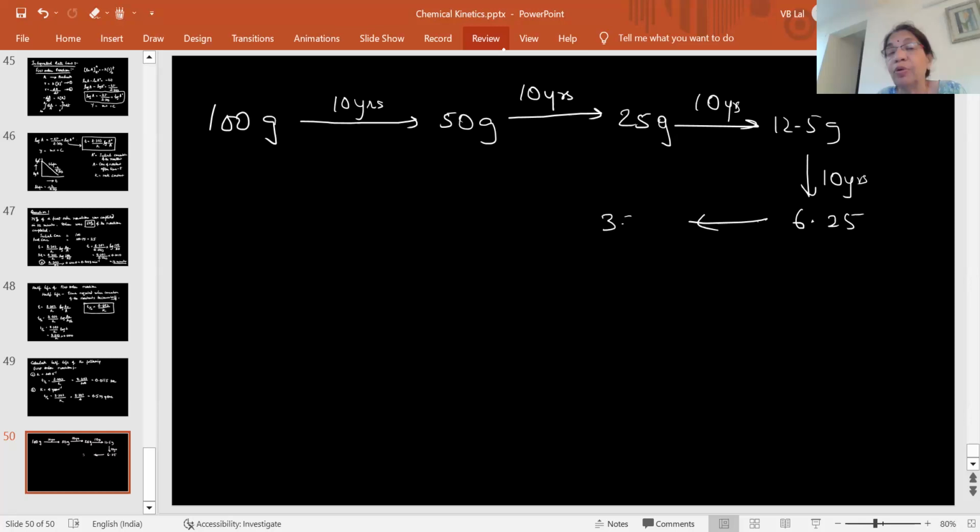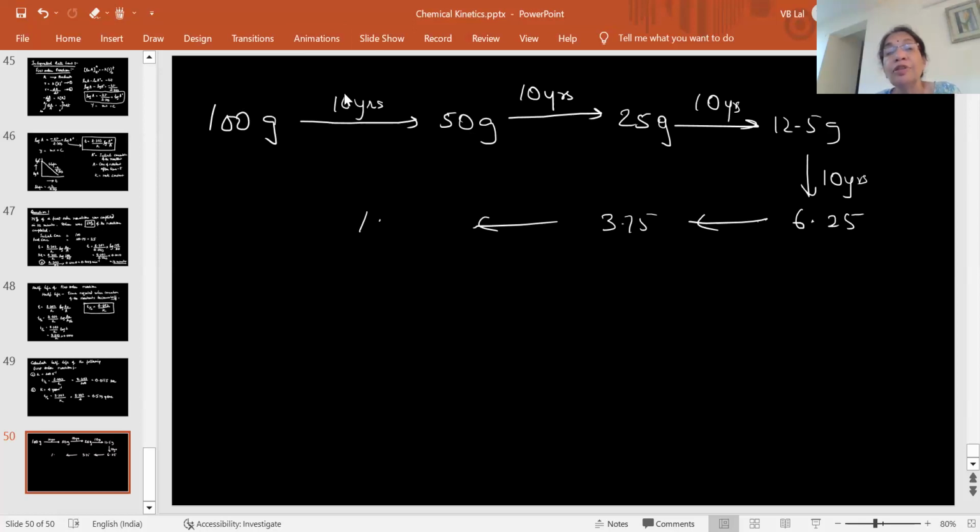So it will become 3.125, then half of this, then 1 point something, and then again smaller. So it will take millions of years for it to completely disappear. So that is the real meaning of half-life, the time required when the initial concentration will become 50%.